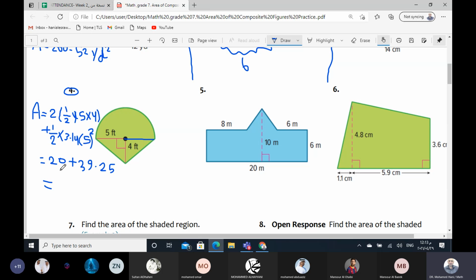Now 20 plus 39.25 will be 59.25 feet squared. Who has any question here?